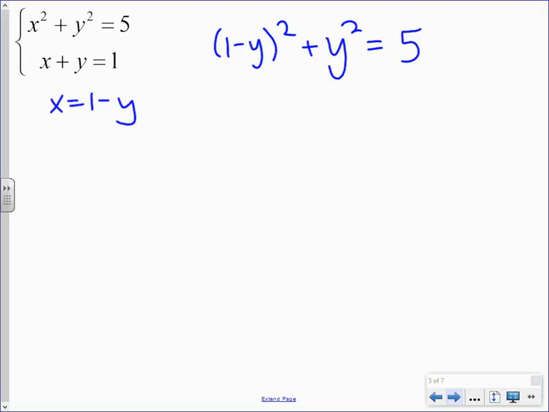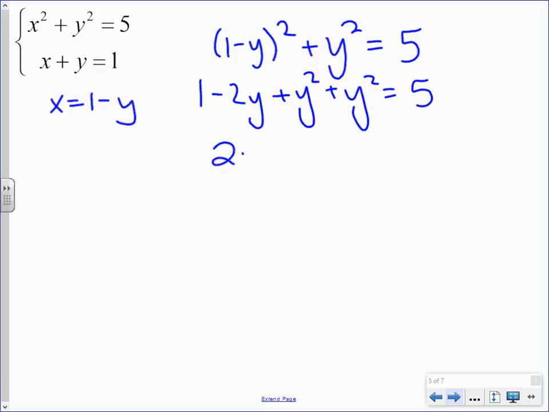We're going to have to multiply 1 minus y times 1 minus y. It is not 1 minus y squared. What kind of problem are we working with here? Quadratic. Okay, we have 2y squared minus 2y plus 1 equals 5.